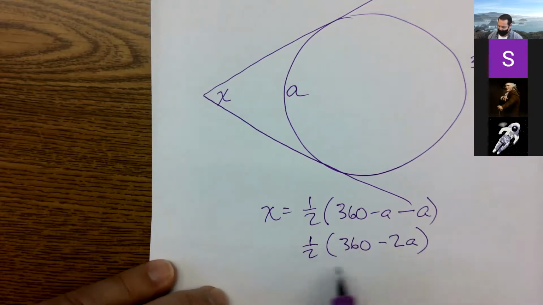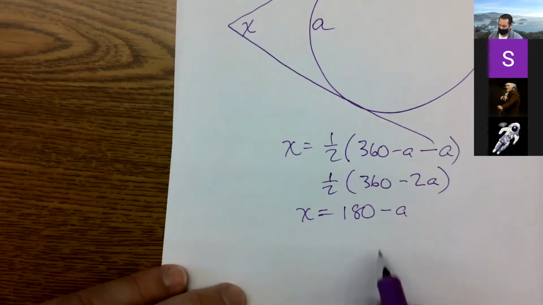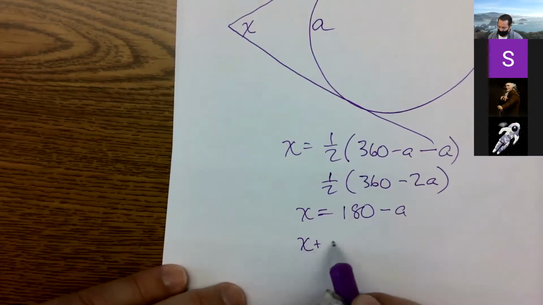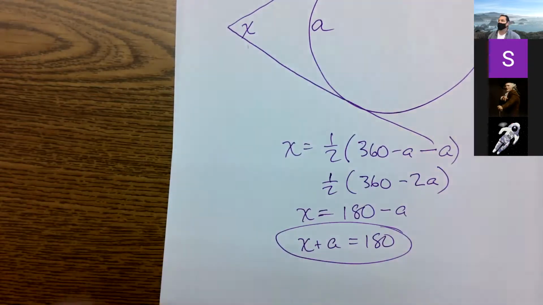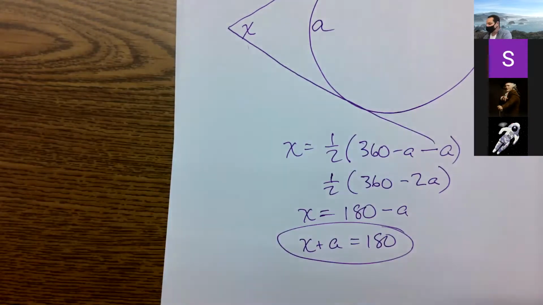And if I distribute that 1/2 through, I get 180 minus A. Or I could add that back and say that X plus A have to equal 180. In other words, now it's proven. X and A will always equal 180. If it's this situation, starts with two tangents.